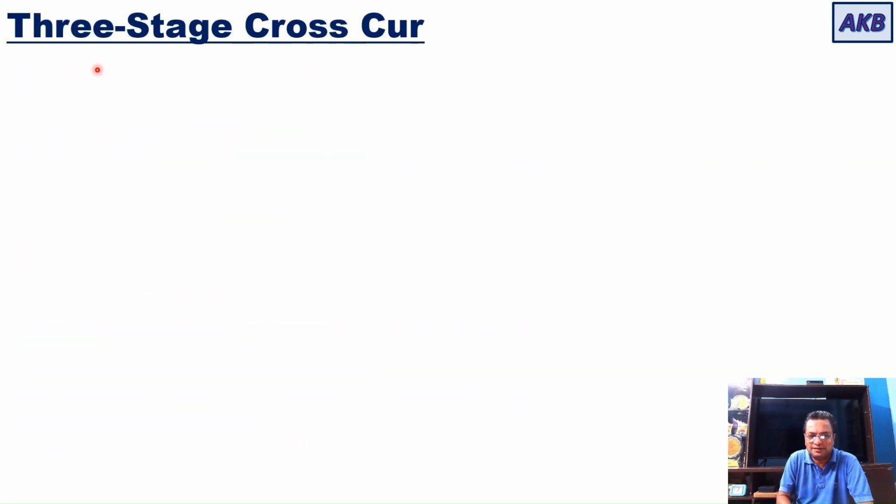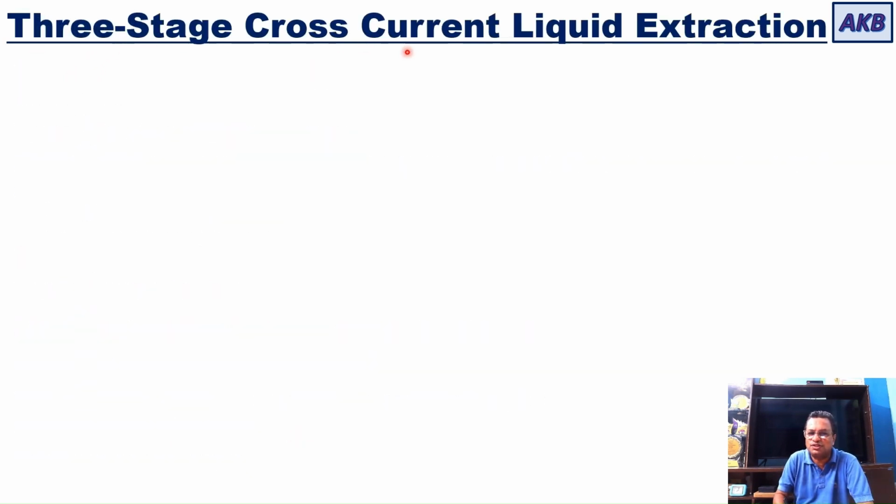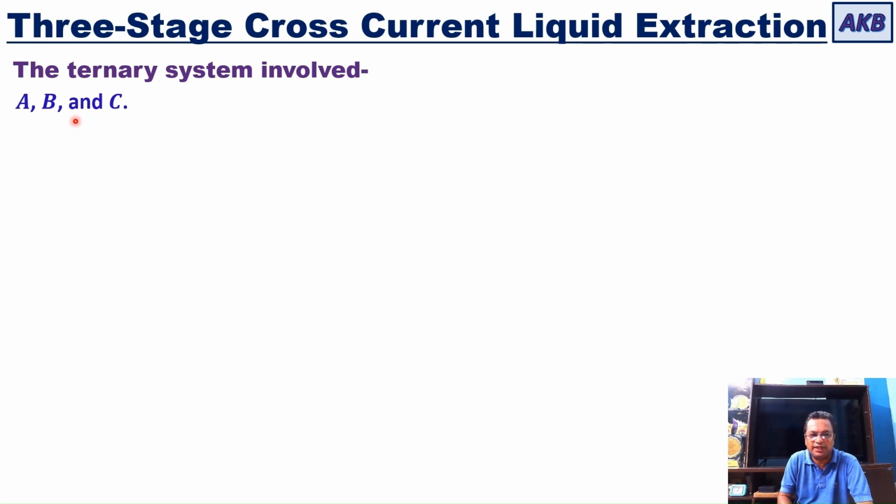Now let us look at a 3-stage cross-current liquid extraction. Before looking at the schematic diagram, let us know the system that we will be considering. The ternary system has 3 components, A, B and C. All 3 are liquids.